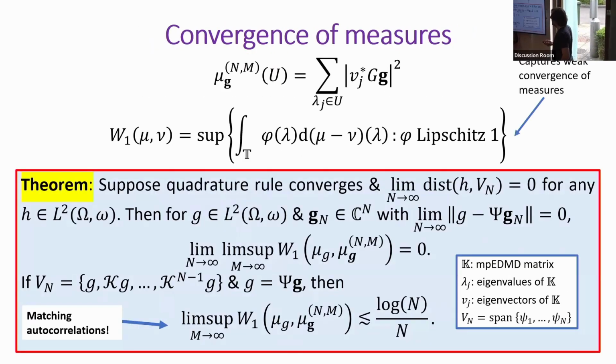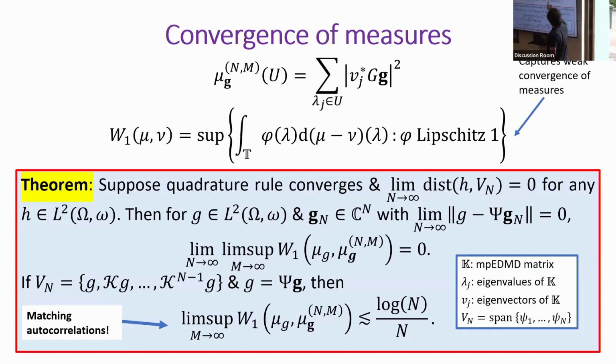So what does MPEDMD do? Well, you can take your discrete approximation of this measure, which is written like this to take into account the different bases, and you can study its convergence in the weak sense. This is captured by something called the Wasserstein metric. What does this mean?